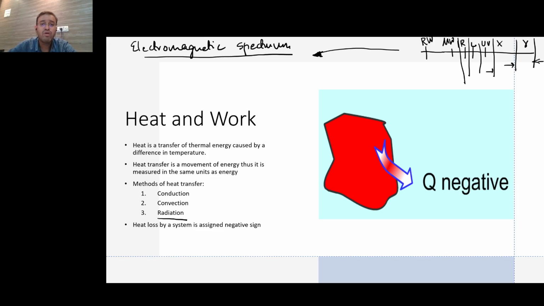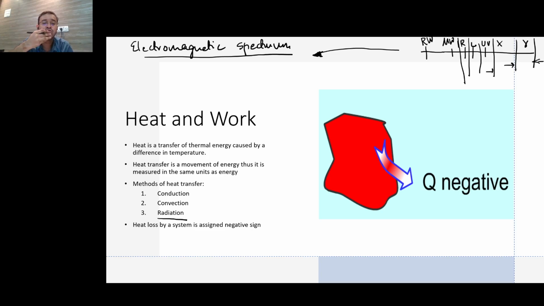Okay, then what we have to talk about is, when we try to use all of this to analyze a system, we have to unfortunately assign it numbers. Now, as we already know, since we are talking about transfer of internal energy by virtue of temperature, we are using the unit of joules, or joules per kg in case you're talking about specific values.